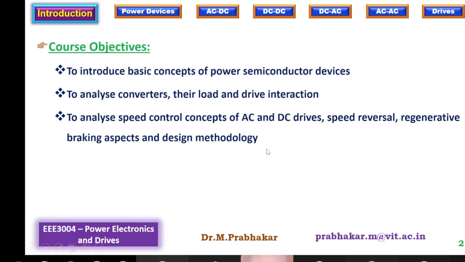That is one basic objective: how do you get high power devices which are capable of handling high voltages and carrying high currents? You will be learning that. That is one major objective of this course. The second objective is to use all those devices and construct what are called power electronic converters.